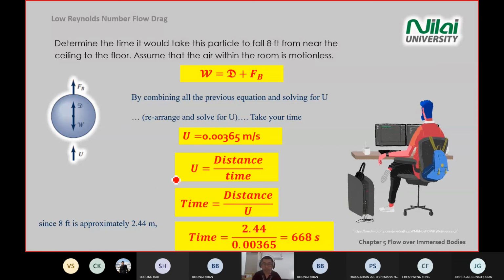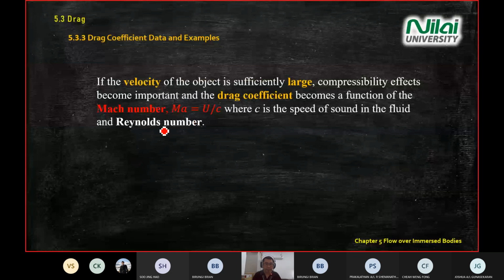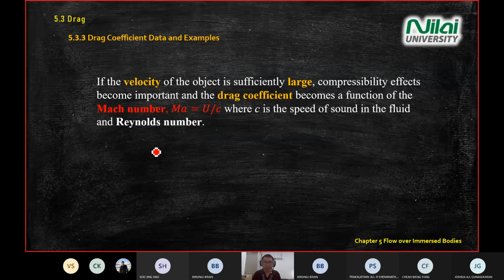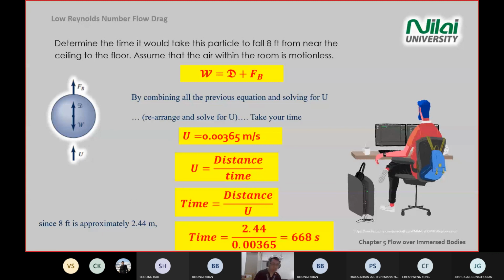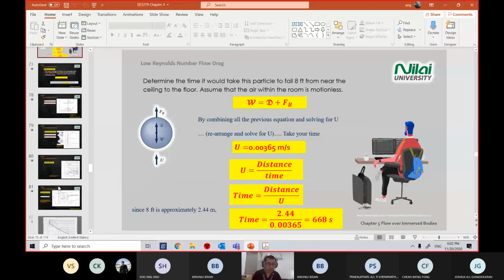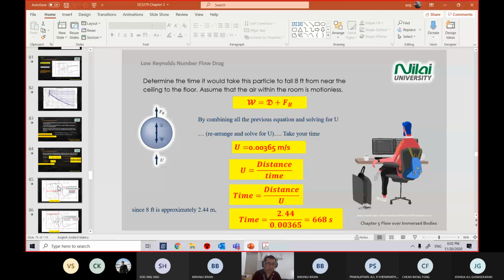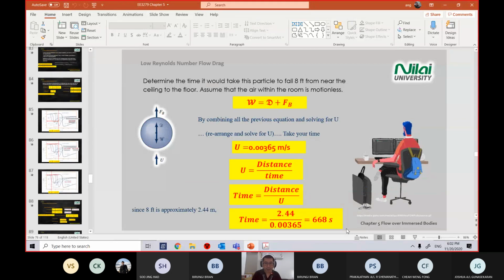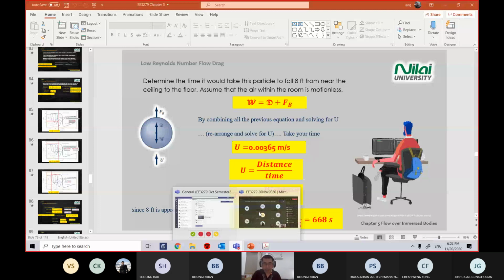Then we continue next week for the compressibility effect. Or you can still continue. Let me see, I think there are a few more slides. There might be covered next week. Okay, we stop at question 27. I'll stop the recording.